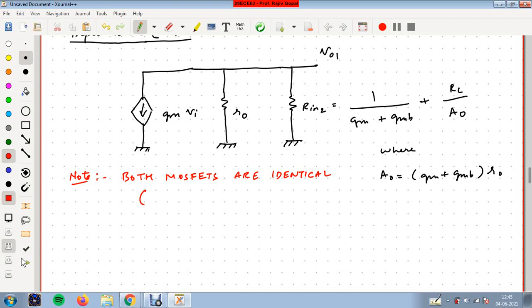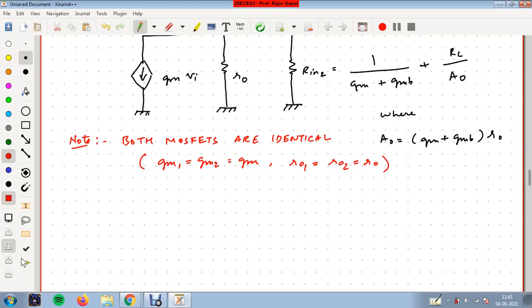Identical means gm1 is equal to gm2 is equal to gm, and R01 is equal to R02 is equal to R0. That is what the assumption here is.